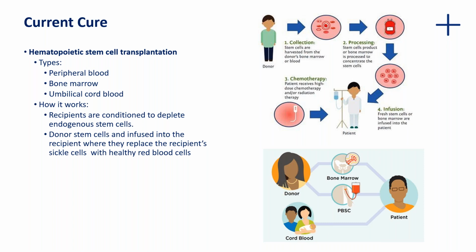In the meantime, the patient will undergo chemotherapy to eliminate the dysfunctional bone marrow, and then will be infused with these stem cells that will regenerate a new bone marrow for the patient. And stem cell transplantation is being done in South Africa to treat children affected with sickle cell disease.